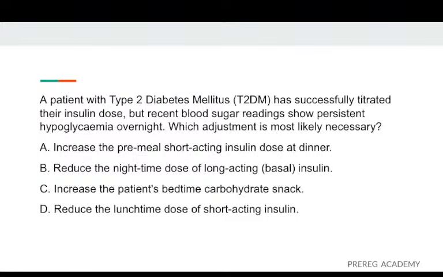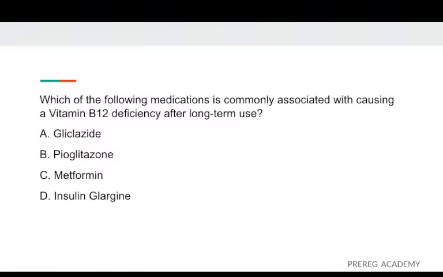What about if the patient has hyperglycemia after meals? Which insulin are we going to work on? Is it the basal or the bolus insulin?